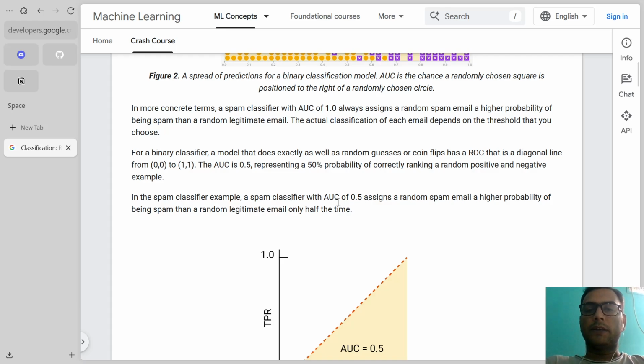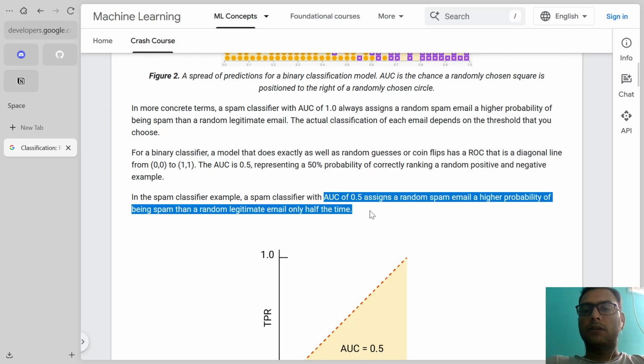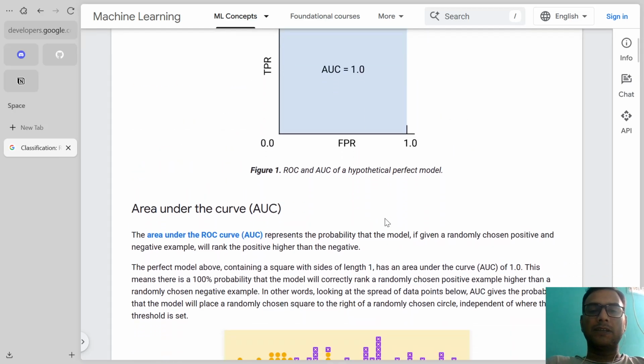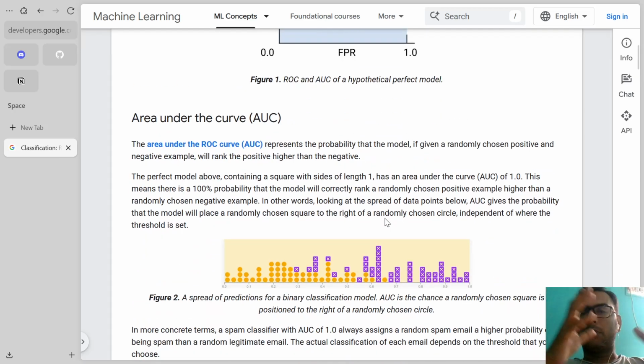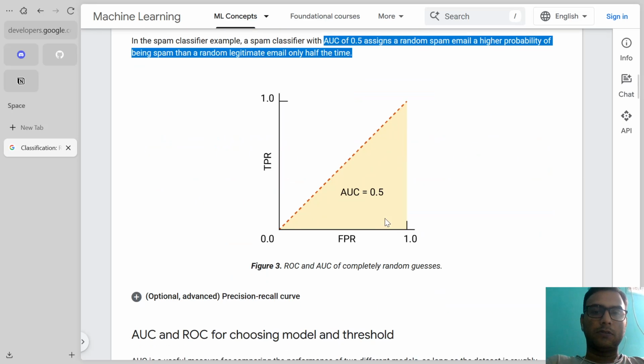It means that it assigns a random spam email a higher probability of being spam than a random legitimate email only half the time. So the AUC generally denotes the probability, based on the data set that we provide, of how well the model will rank the examples that we have, positive or negative.